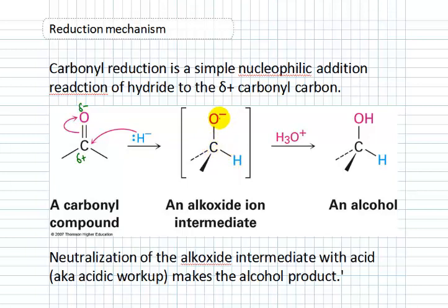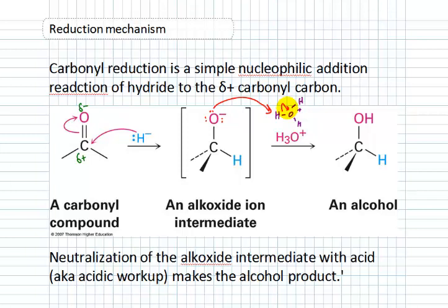Our intermediate then is an alkoxide. It has that O minus. If I have any kind of aqueous acid that we add to that, let's get in the habit of drawing hydronium out, H3O plus, because then I can take one of these lone pairs, attack an H of hydronium, put the other electrons back on oxygen, and we get our alcohol.